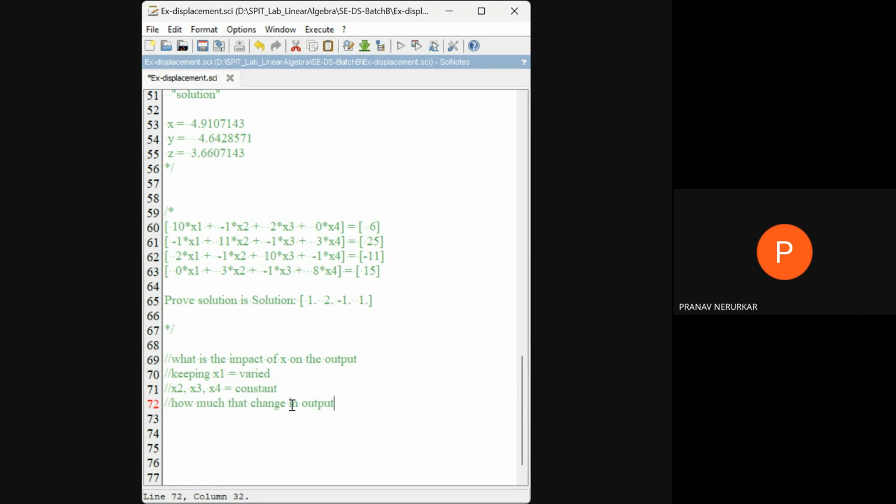What happens is we have to prove that x1 impacts the output. There are three possibilities here.